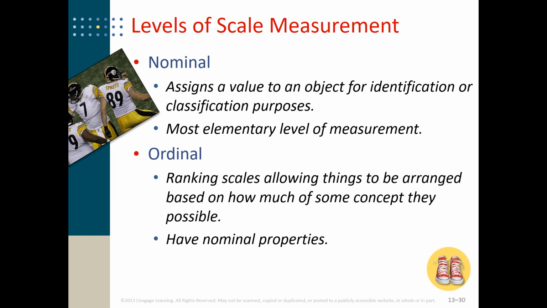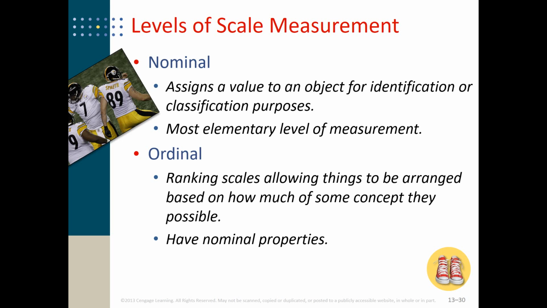The second measurement scale is ordinal. Ordinal scale has the characteristics of nominal scale. That means here numeric values are provided for identification purpose, but at the same time, it carries some degree of ranking. For example, let's say job status: lecturer, assistant professor, associate professor, and professor.